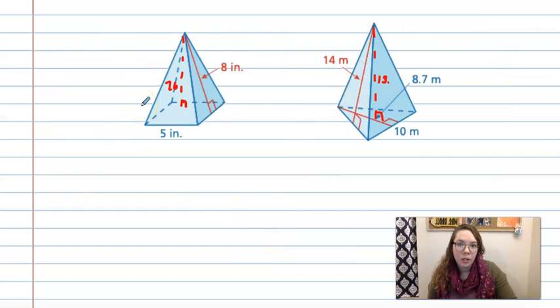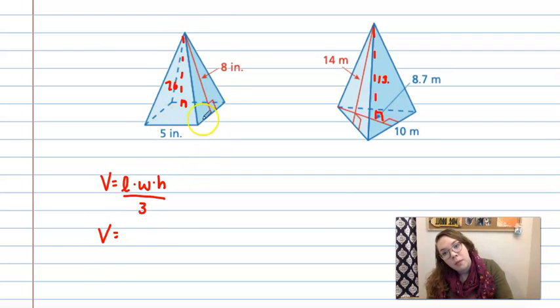All right, so let's take a look at some examples here. If this is a square pyramid, a square prism has a volume of length times width times height. And since it's a pyramid, we just take that and divide it by 3. In this case, my length and my width are both 5 since this was a square pyramid.